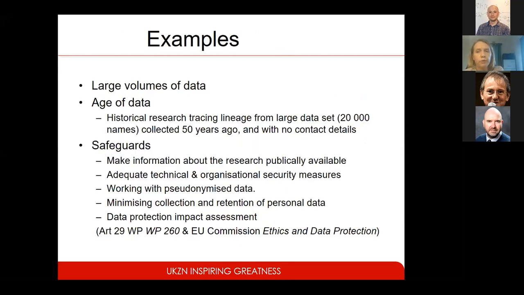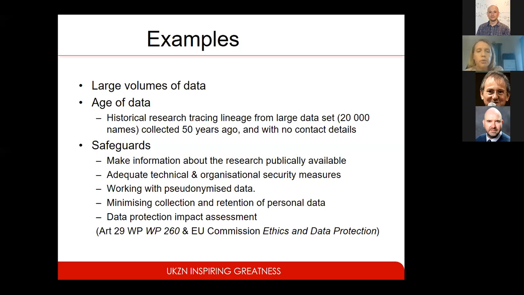Some examples provided by the Article 29 Working Party on Data Protection and the EU Commission involve studies where there's large volumes of data or where the age of data makes it impossible or disproportionately difficult to provide notice.